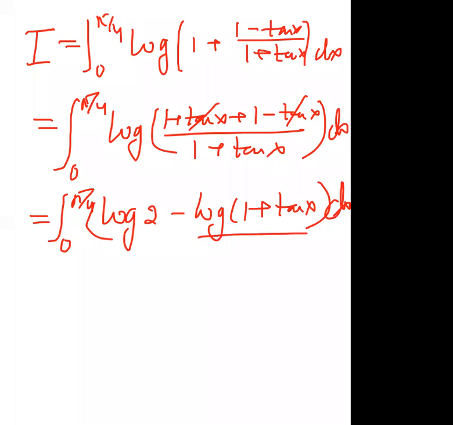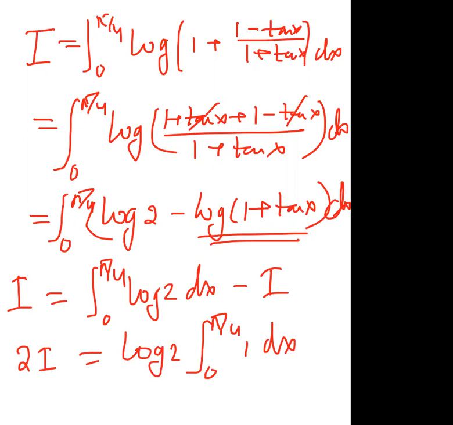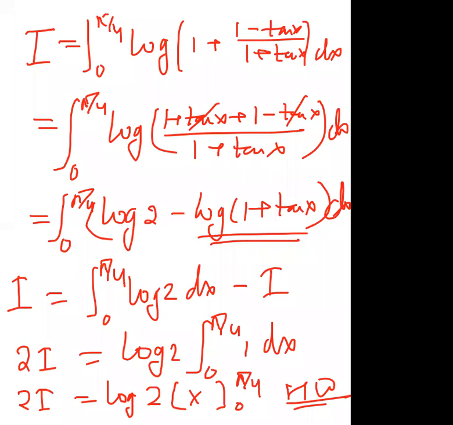Now see, this was the question. I equals the integral from 0 to pi/4 of log 2 dx minus I, so 2I equals the integral from 0 to pi/4 of log 2 dx. I suppose everybody will be able to solve this because one will get the difference from 0 to pi/4. So in this way, each one of you will be able to get the answer.